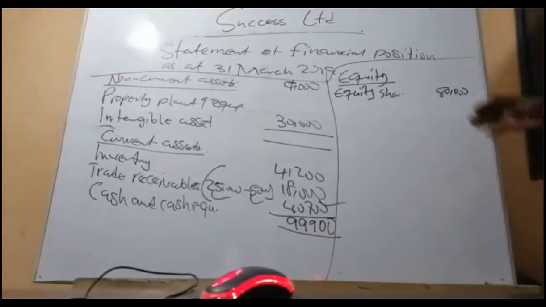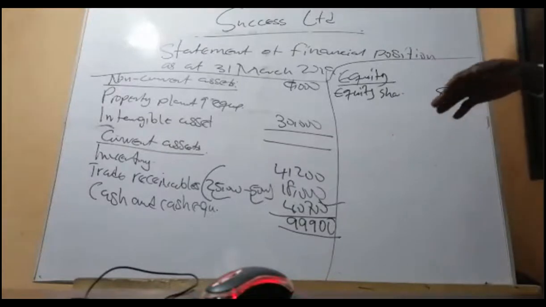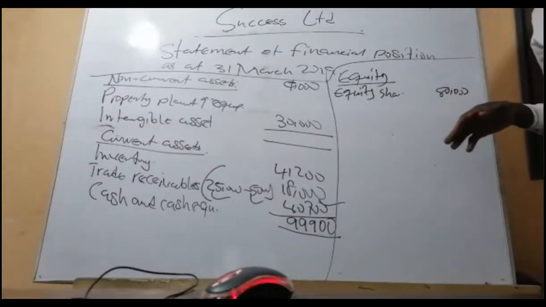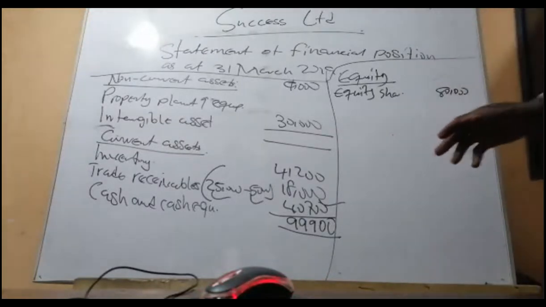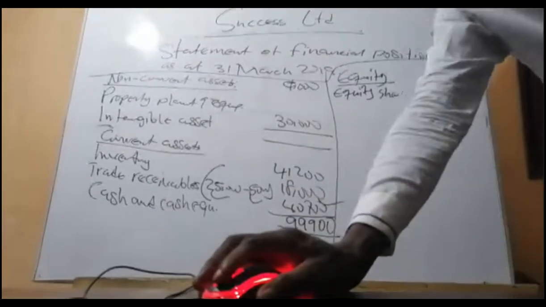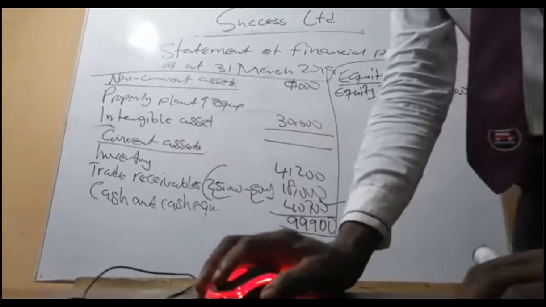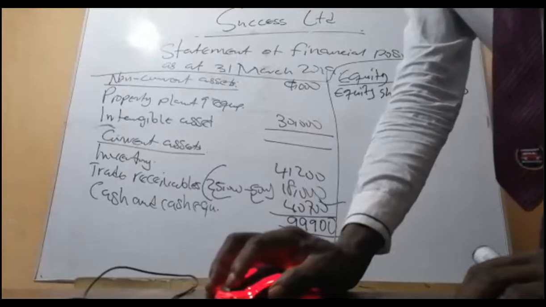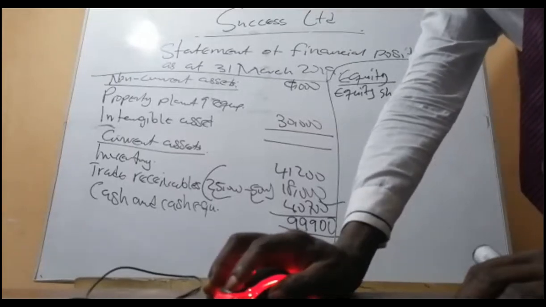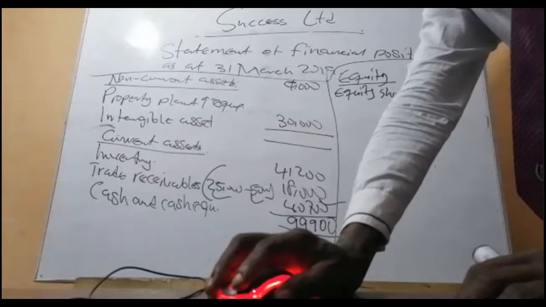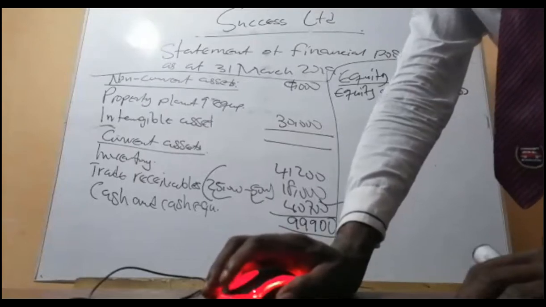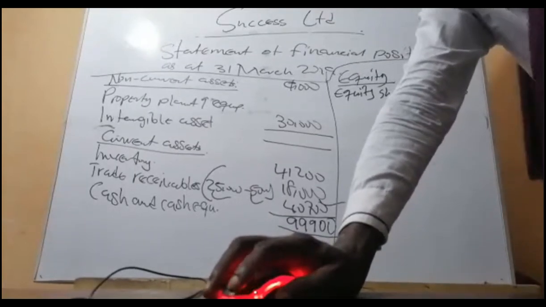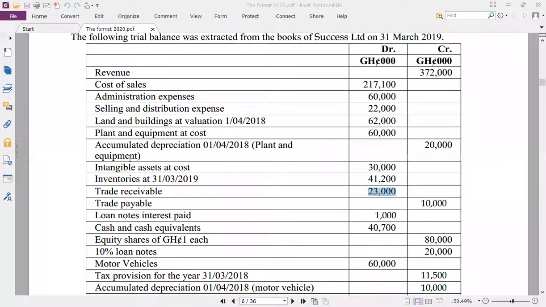Here do we have preference shares? There's no preference shares, right? Good. If there's no preference shares, we now move on to the retained earnings. Because if there's no figure in the financial position and you bring it, there's no mark for you.